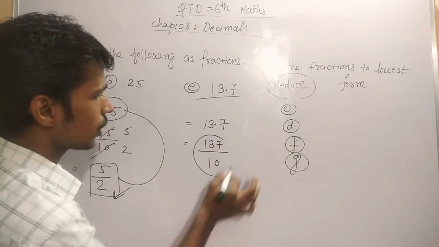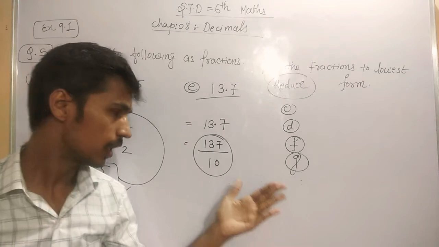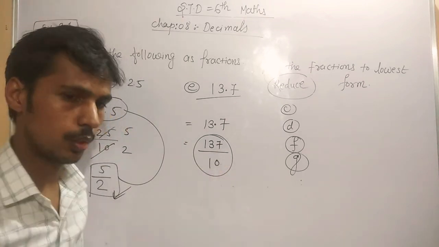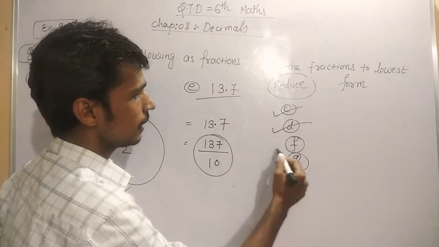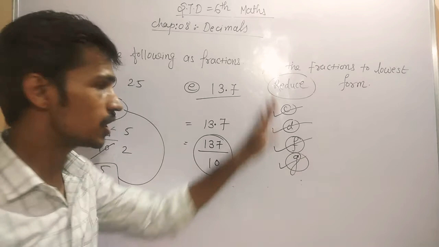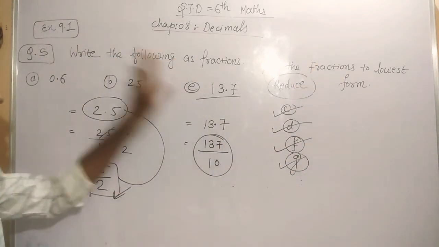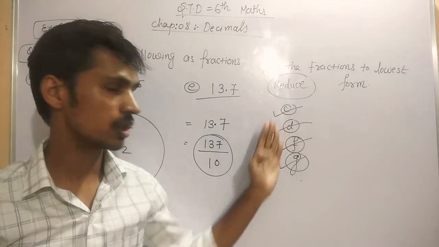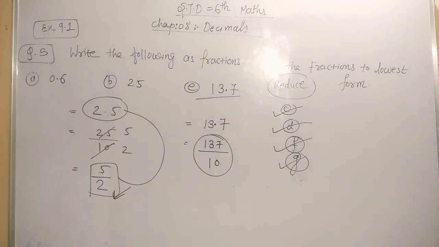Student, this number is already in lowest form because we cannot reduce it. Both values will not cancel each other. And student, sums C, D, F and G, these 4 sums are similar to these 3 sums. I am giving these 4 sums to you. Solve by yourself. Let us see the next sum.